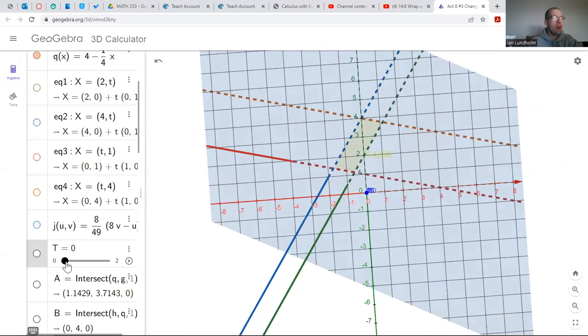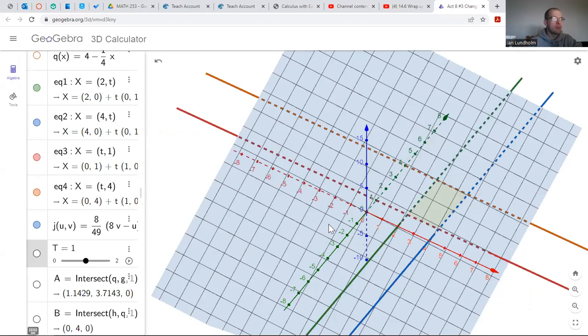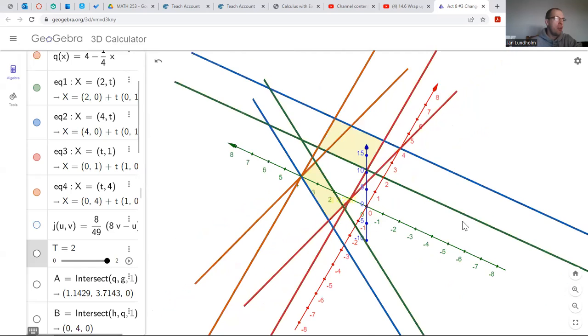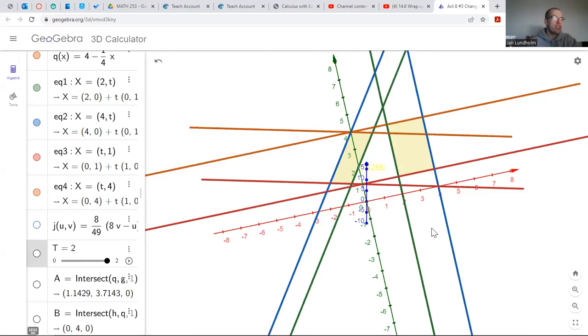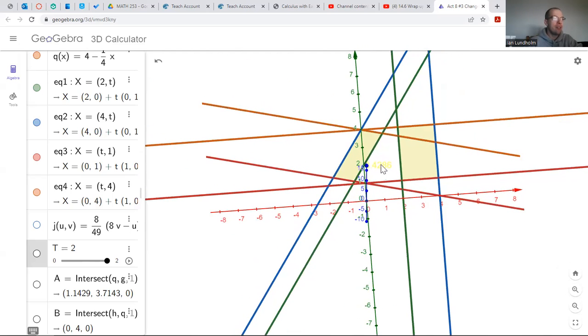So this is in XY coordinates. This is in UV coordinates. And I don't know, this is a view with both of them at the same time, which kind of gives you a perspective on each of their areas.